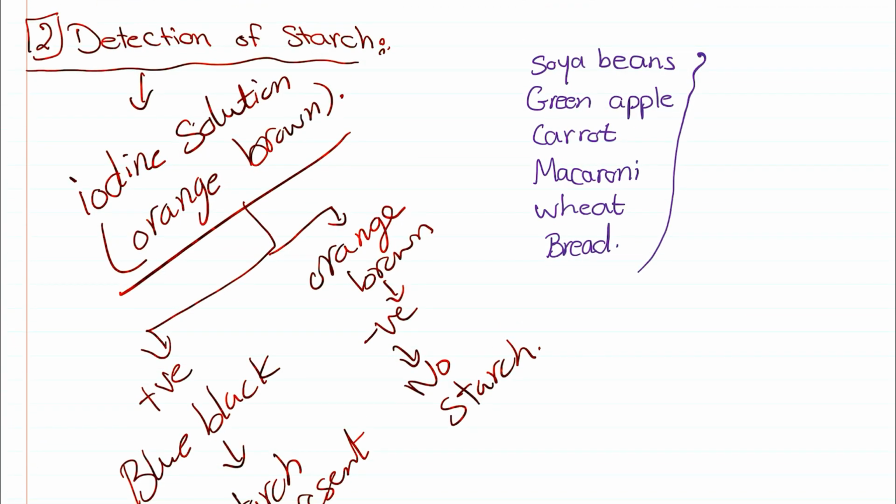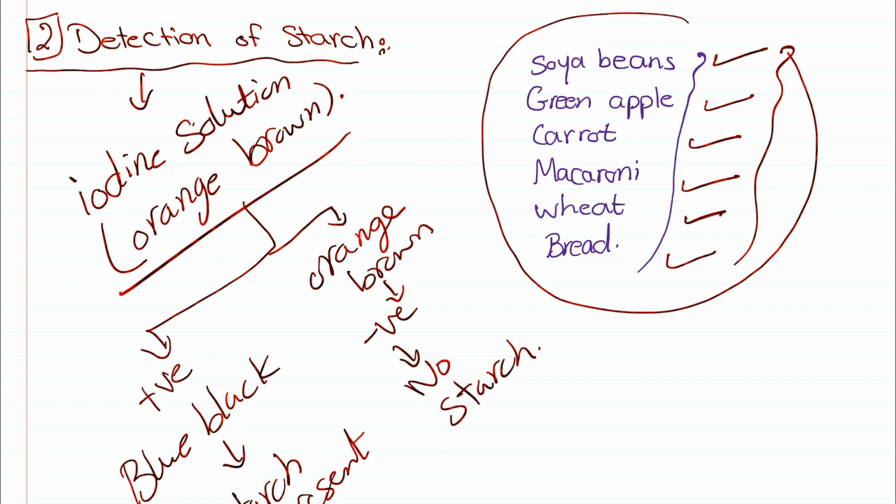So if we take some samples like soybean, green apple, carrot, macaroni, wheat and bread, all of these contain starch but with different ratios. So the change of color, the darkness of color, will be different from one to another according to the ratio of the starch. But one important point which is needed here: these are solid.